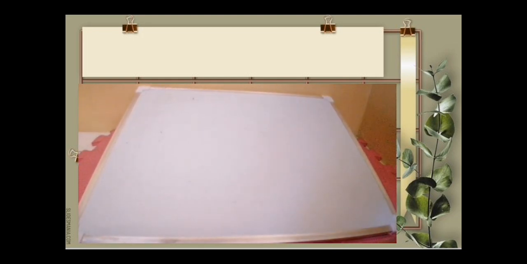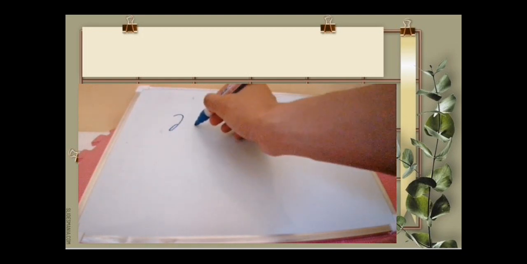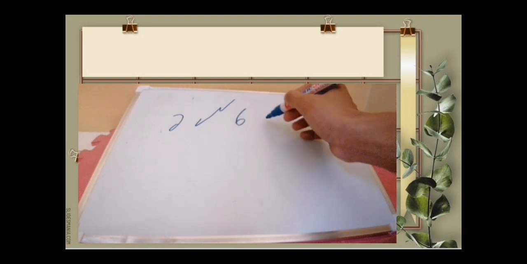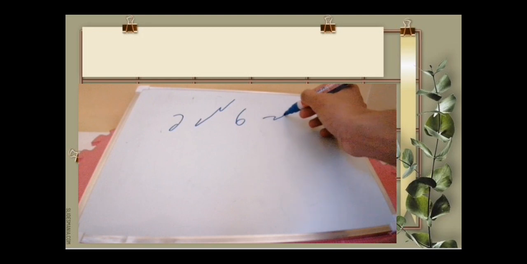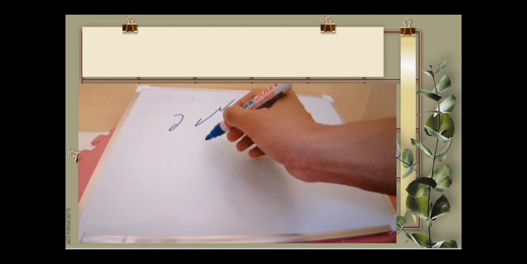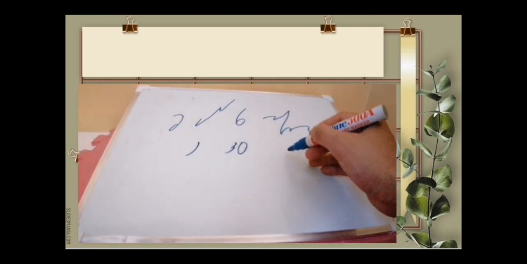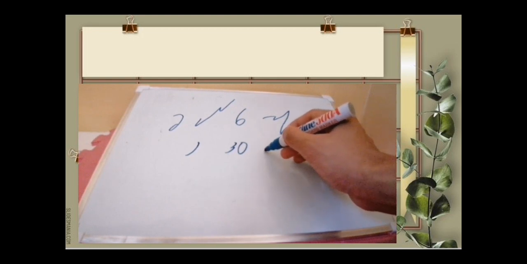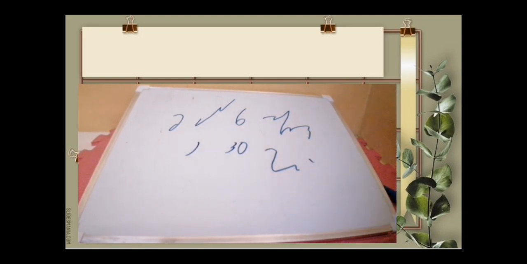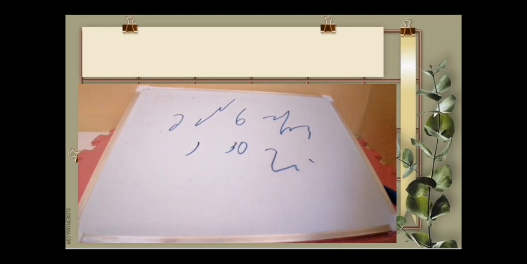For our next example: we ordered 6 notebooks and 30 envelopes. So we read it as we ordered 6 notebooks and 30 envelopes.